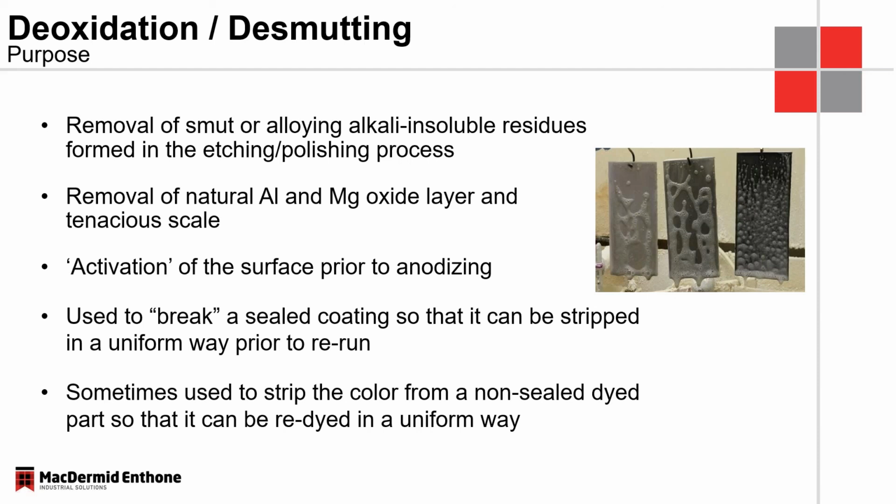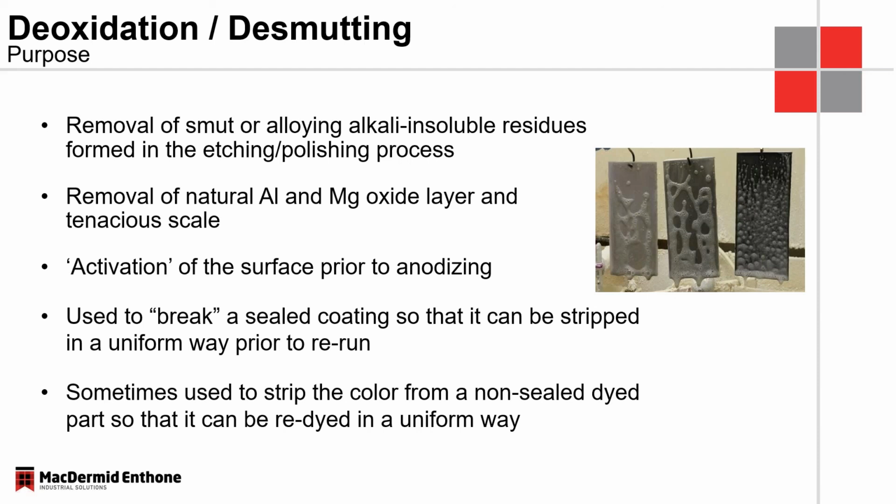Some customers actually use it to break the seal for components that need to be reworked. So it cracks open the pores, it attacks the initial surface, and then it makes it a lot easier to strip the anodizing coating in an alkaline etch afterwards.